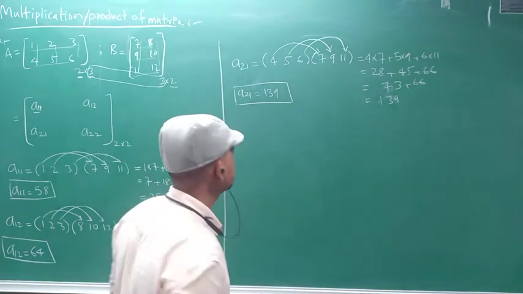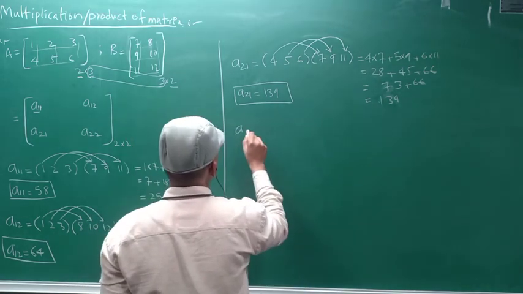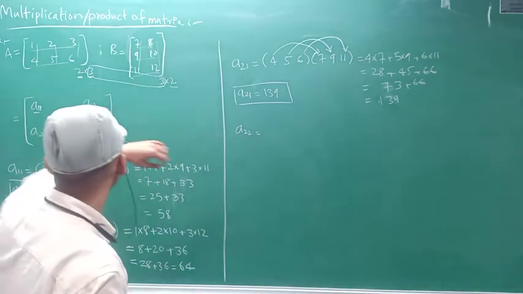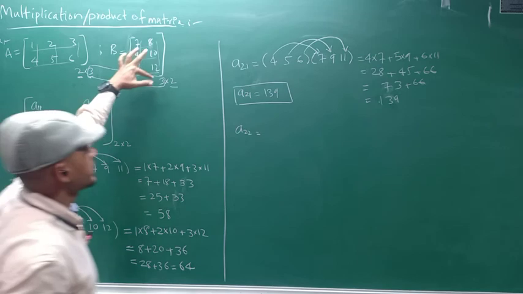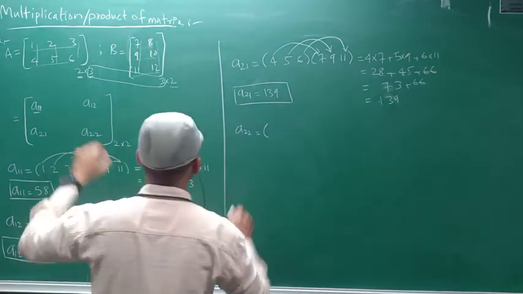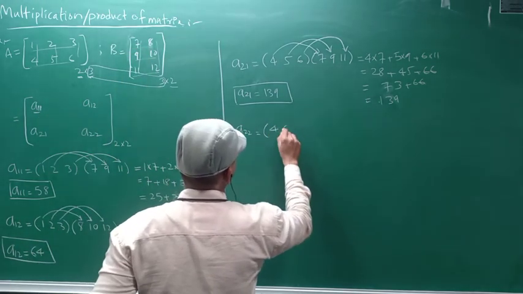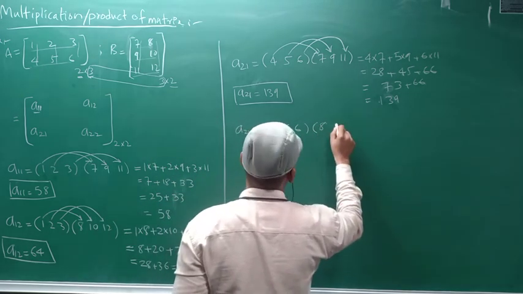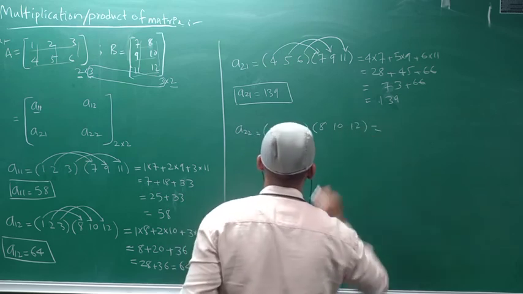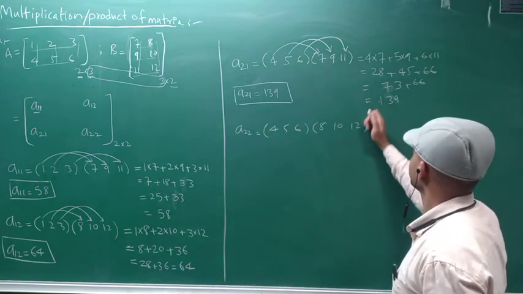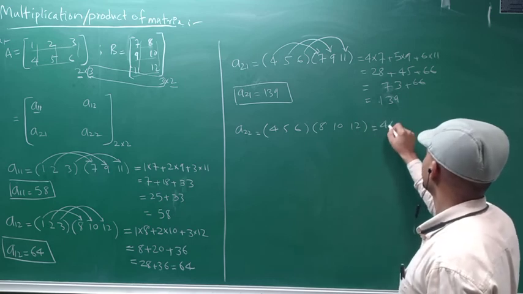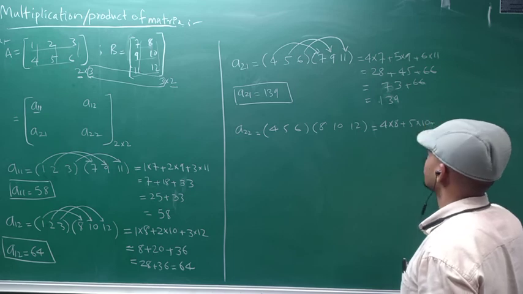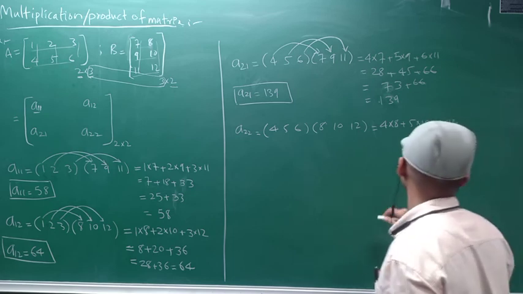Now similarly I will do the same procedure. A22 means second row, second column. So the second row is 4, 5, 6 and the second column is 8, 10, 12. So let's multiply 4 into 8 plus 5 into 10 plus 6 into 12.